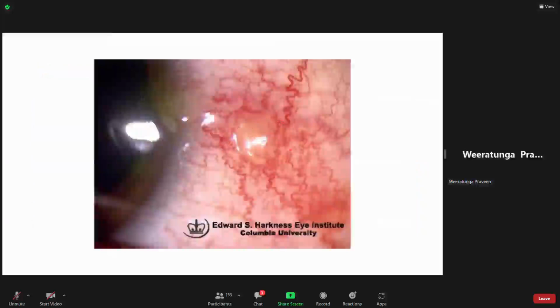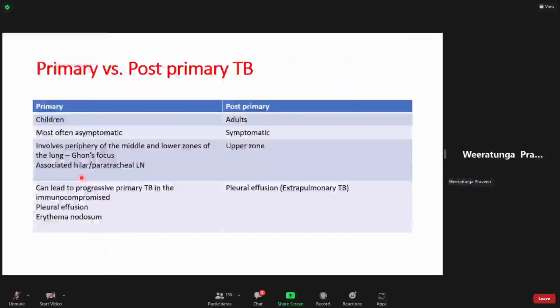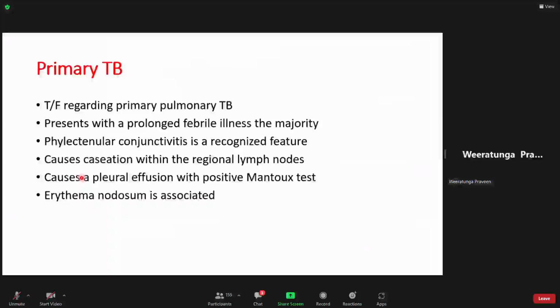Nodular conjunctivitis, pleural effusion in primary TB, and some people get erythema nodosum. Erythema nodosum, pleural effusion.